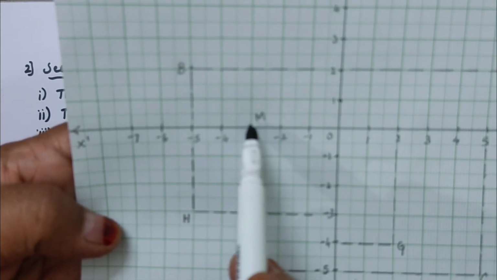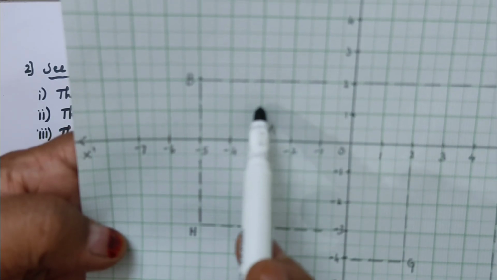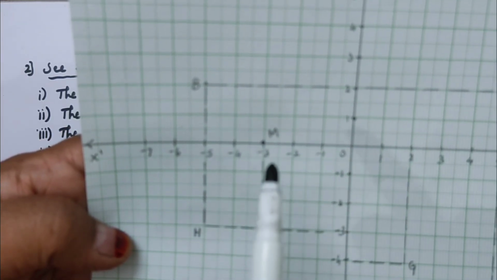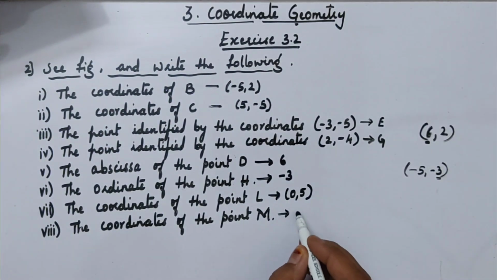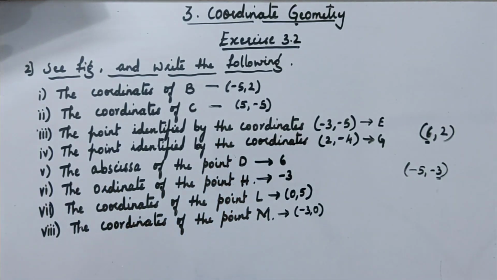X-axis is minus 3, and on the y-axis it is right there, so minus 3, 0. These are the answers for these questions. I hope this is clear to you all, students.